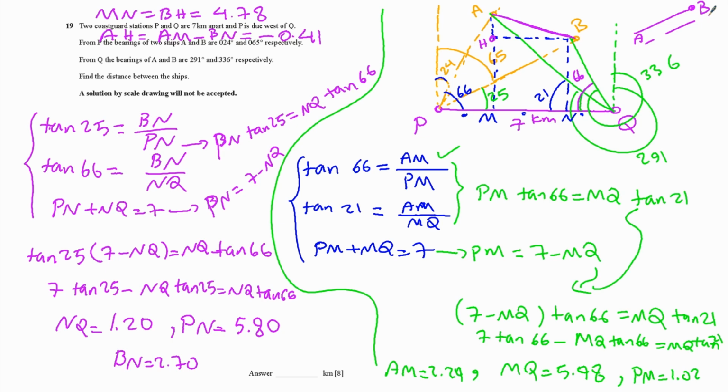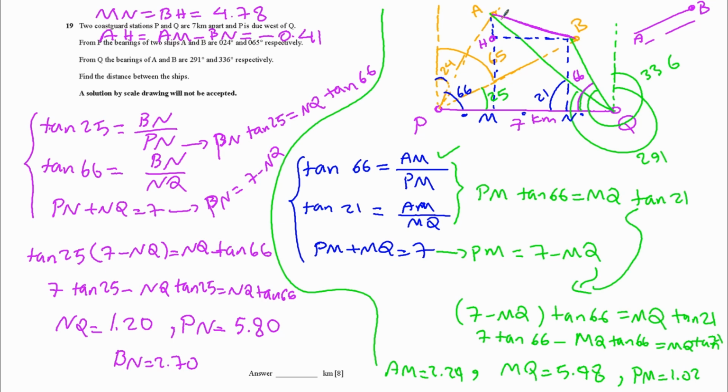So ABH is a right angle triangle, and we can use Pythagoras to find what AB is. So one side of that is 0.41 and the other side is 4.78. So I am going to do 4.78 squared plus 0.41 squared, and then all of that square root.